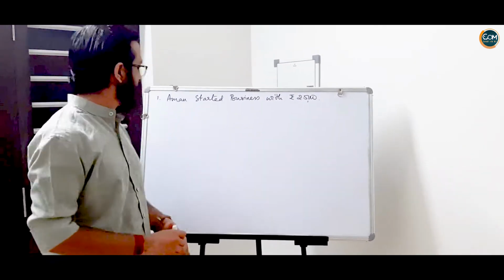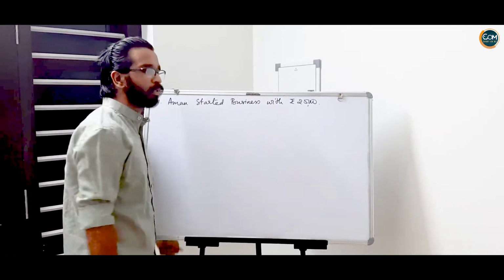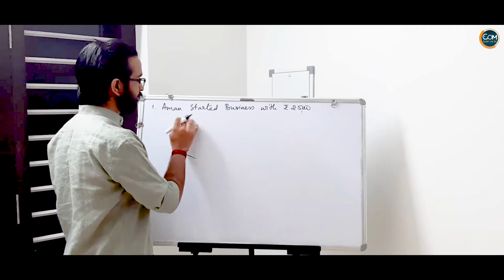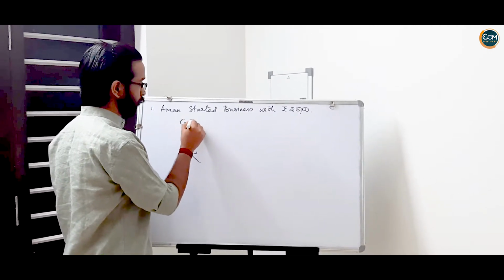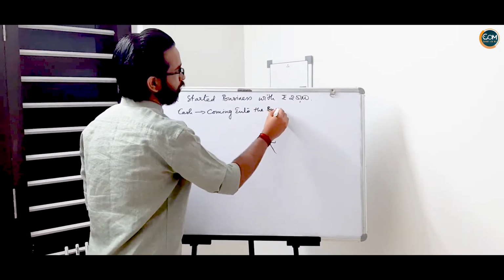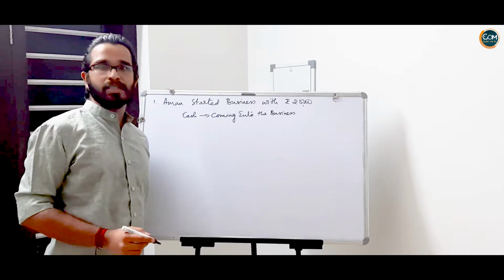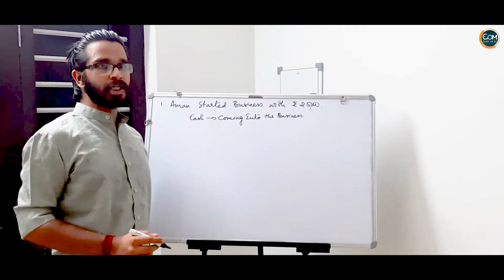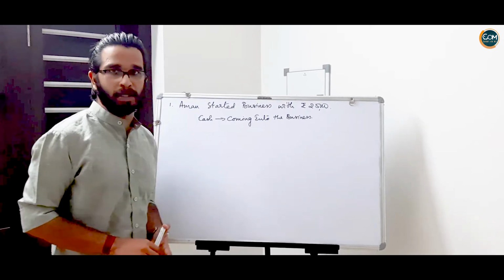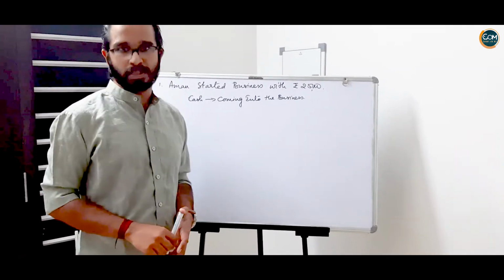Let us see. Here, since Aman is starting business with rupees 25,000, there is an item called cash which is coming into the business. Now, from where is it coming? That is the question. The cash is coming into the business from Aman. Aman is the person who is giving the cash to the business.